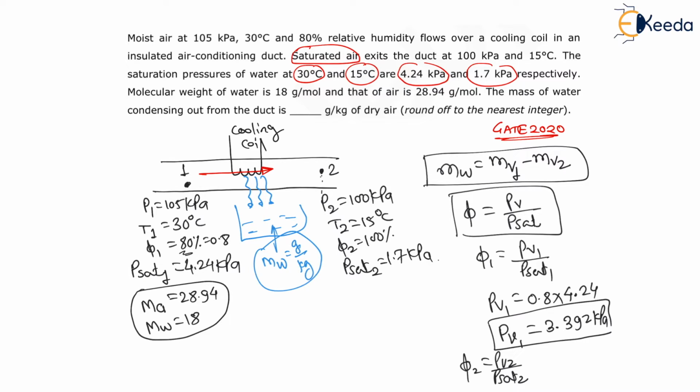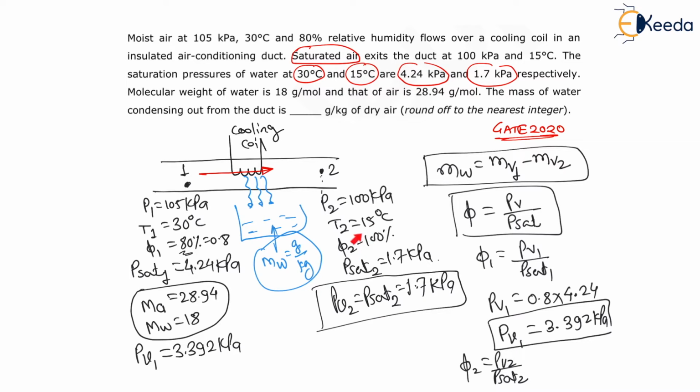Vapor pressure at 1, PV1, is equal to 3.392 kilopascal, and vapor pressure at 2 is nothing but saturation pressure at 2, which is 1.7 kilopascal, because already at 2 the air is saturated. They have given phi equal to 100%, and phi equal to 100% means PV2 is equal to P sat 2.